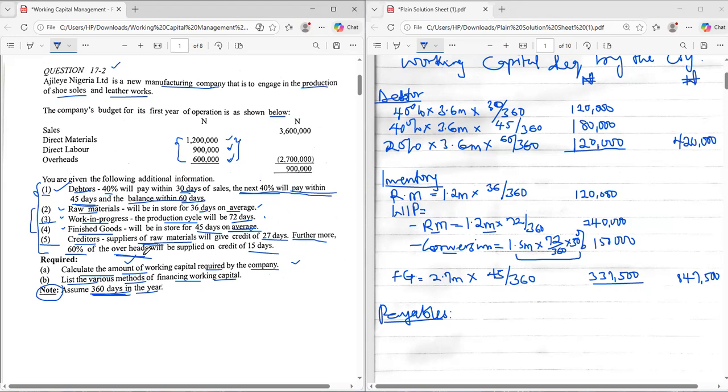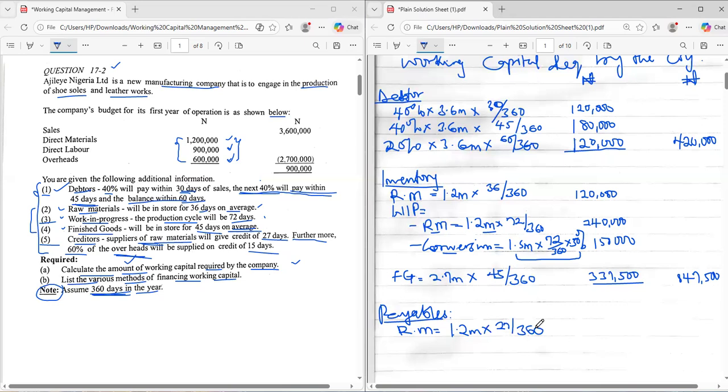That is 1.2. So payables that relate to raw material will be what? 1.2 million times 27 over 360. Excellent.